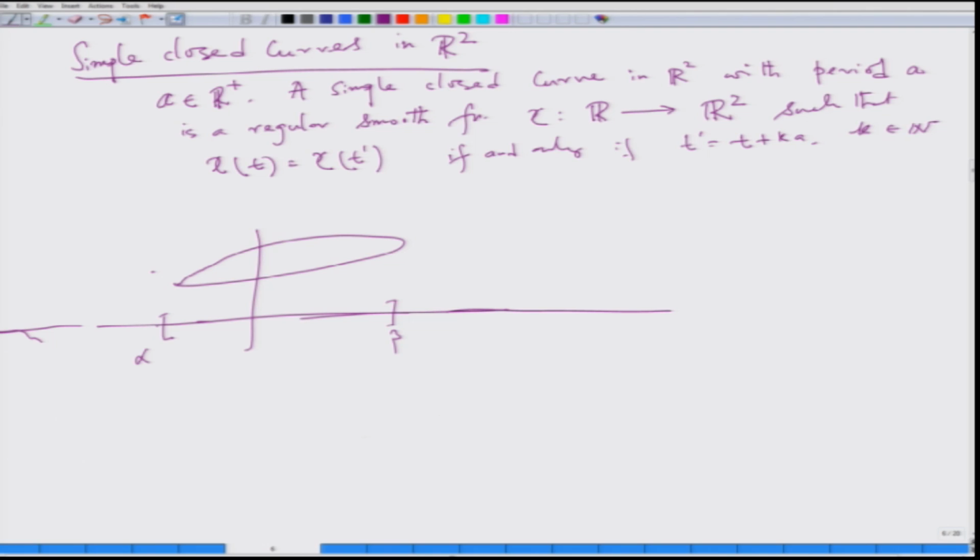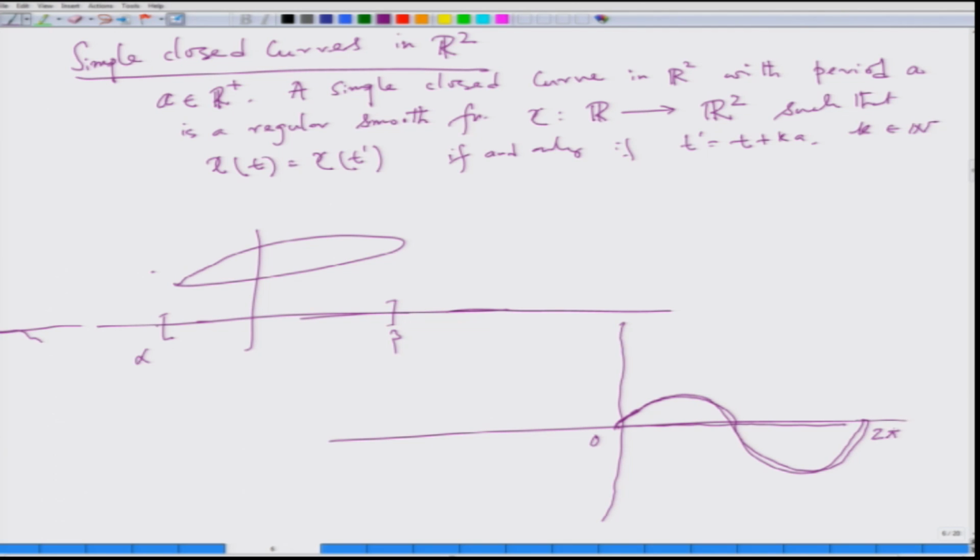For instance, you can check the sine curve. Consider the sine curve from 0 to 2 pi, I have this curve.